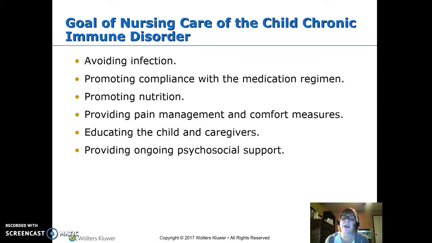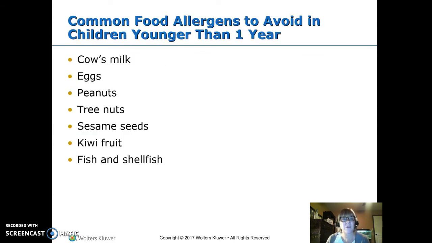So pain management and comfort measures, because often this goes with some other disorder or treatment that's causing it, that also makes them uncomfortable. Making sure that the child and the caregivers understand that they're not taking them out to the mall during flu season, things like that. And then just ongoing psychological support.